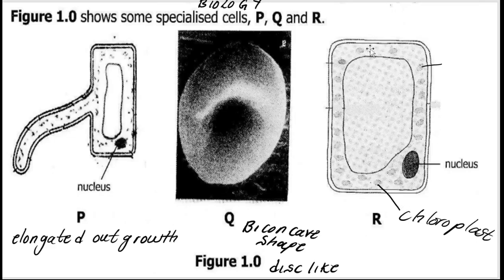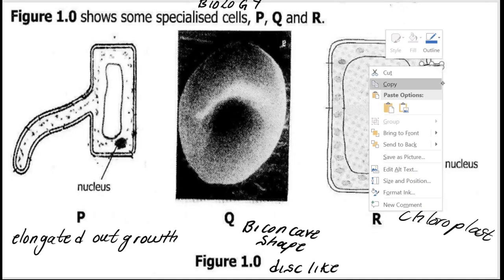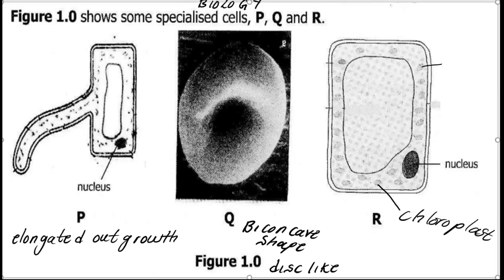In short, photosynthesis mostly takes place in the palisade cells. So that is the major function of palisade cells. This is where photosynthesis takes place, and it has got numerous chloroplasts which trap light energy which is used in photosynthesis. Okay, so that is about this question.